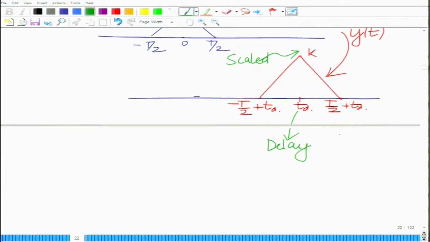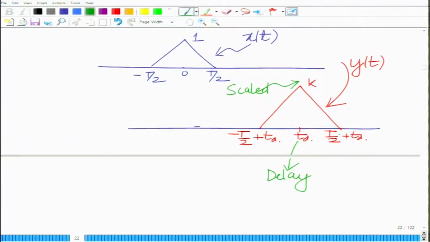But you can see basically that the shape remains intact, that is x t and y t are similar to each other in the sense that y t is simply delayed and scaled, that is it is either an amplified or attenuated version of x t. We call such an LTI system a distortionless transmission system, and typically we only consider a delay because if a system is causal, then it can only delay the signal.